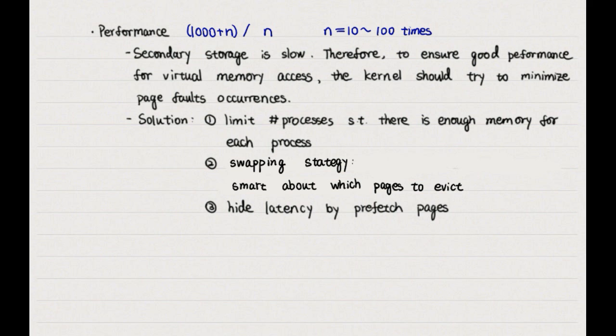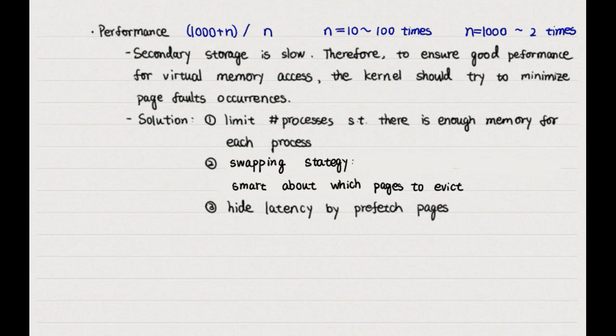If n is 1,000, then the ratio is 2,000 over 1,000, which is 2 times slower. As you can see from this calculation, to provide good performance for virtual memory accesses, the kernel should try to ensure that page faults are rare.